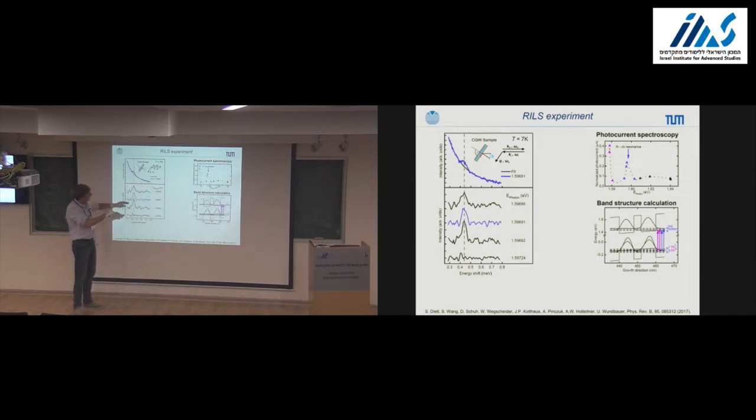Where we see the resonance in the resonant inelastic light scattering experiments, we also see the resonance in the photocurrent for the light hole and the conduction band resonance. This is a band structure calculation using nextnano. So we have the blue transitions where we excite the system, and then this transfers to the coherent oscillation with the holes. This is our current understanding.